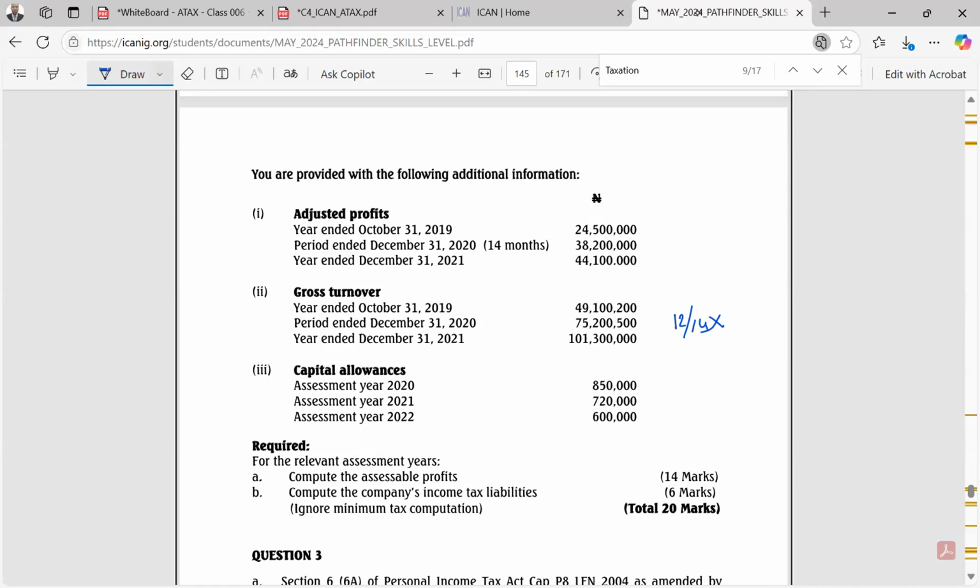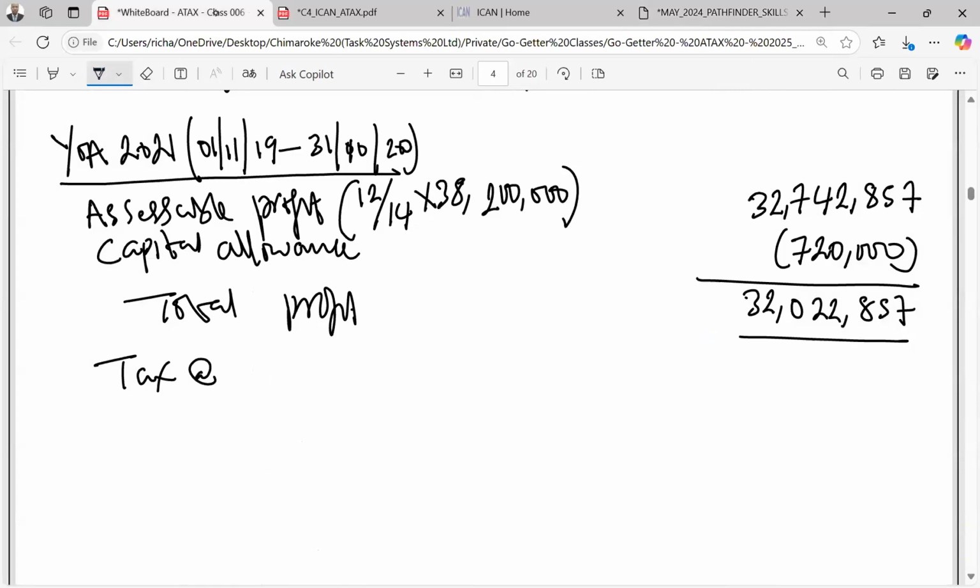We take 20%, because when I say tax, we know it's CIT.